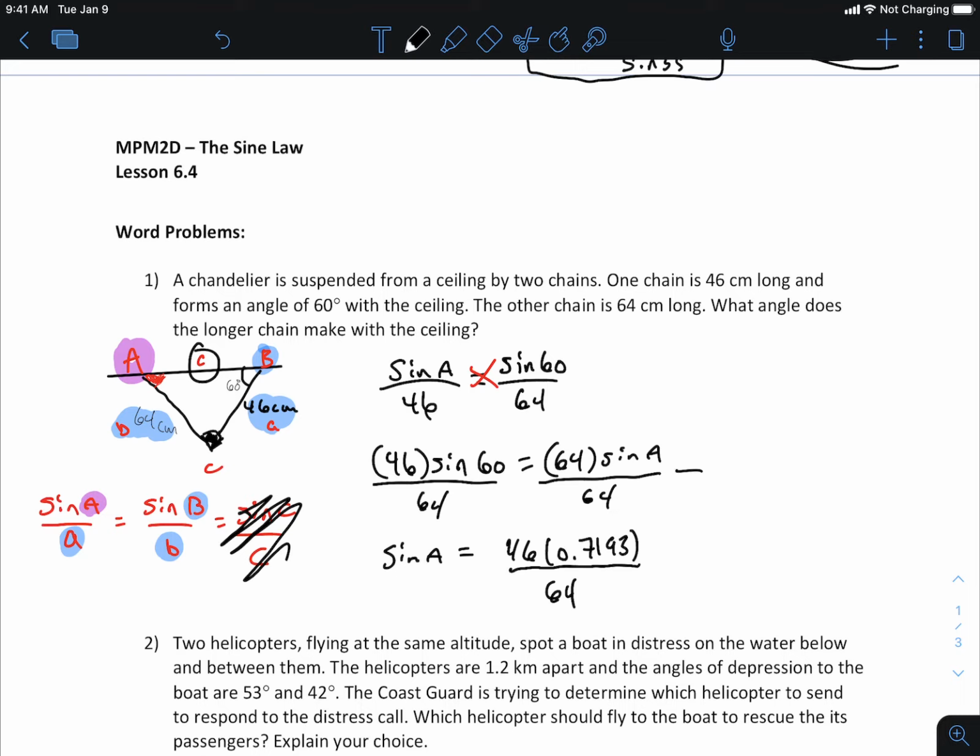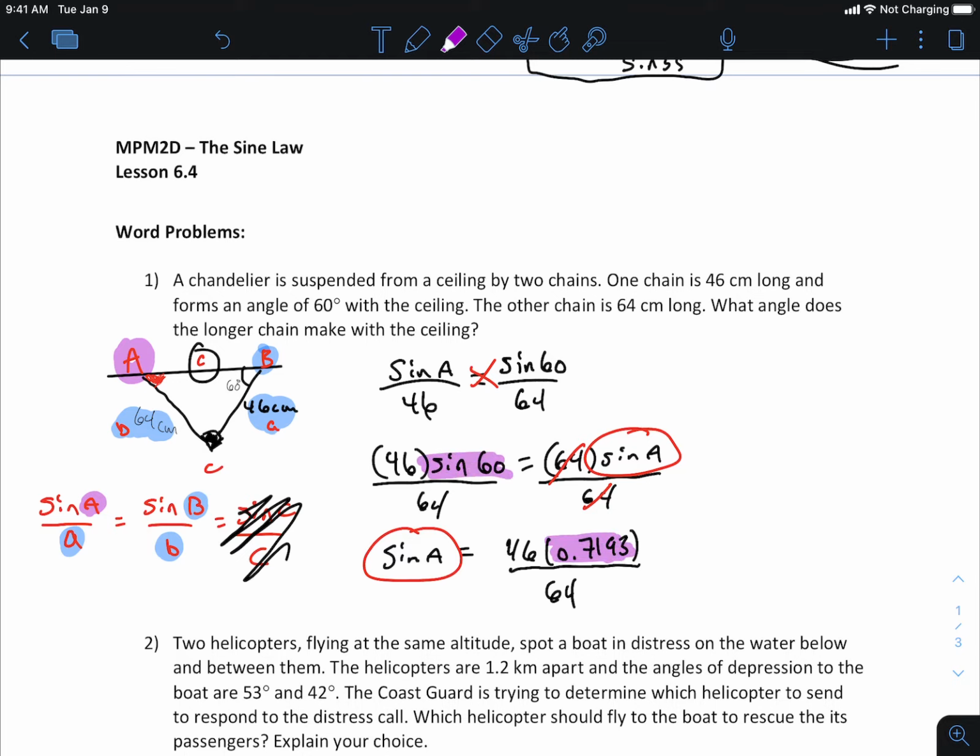So, I see what you did to the line before, but what did you do to the next one? These two, I divided both sides by 64, right? You agree with that? So then they cancel. Okay. And that's where you're at. You have sine A. And then, sorry, this here is from the trig table for sine 60.